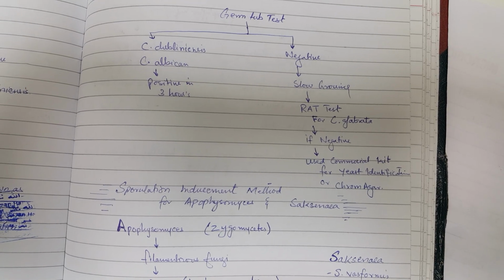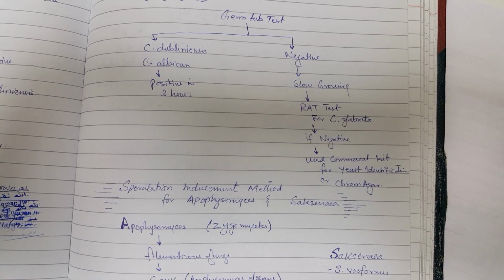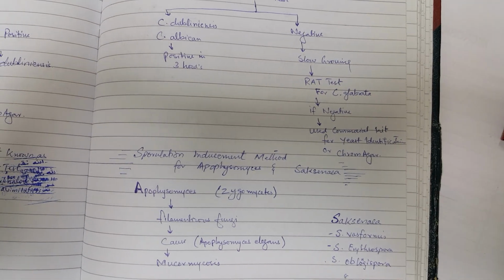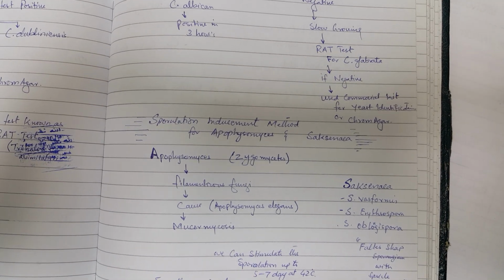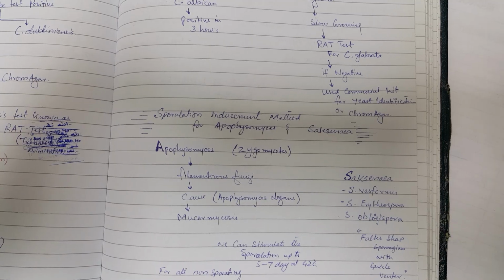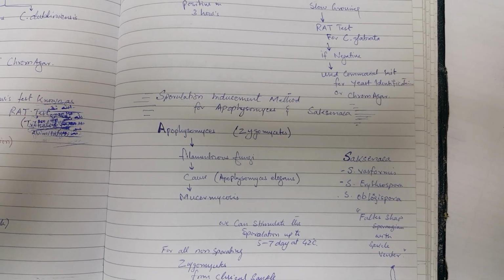Sporulation inducement method is used for Apophysomyces and Saksenaea species, which are zygomycetes. Apophysomyces is a filamentous fungus that causes mucormycosis, and Saksenaea is also a zygomycete, but it has flask-shaped sporangia with a spherical venter.